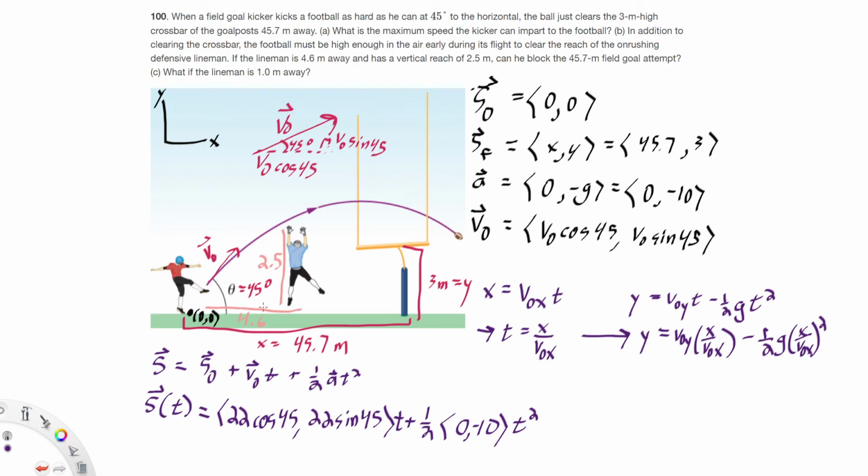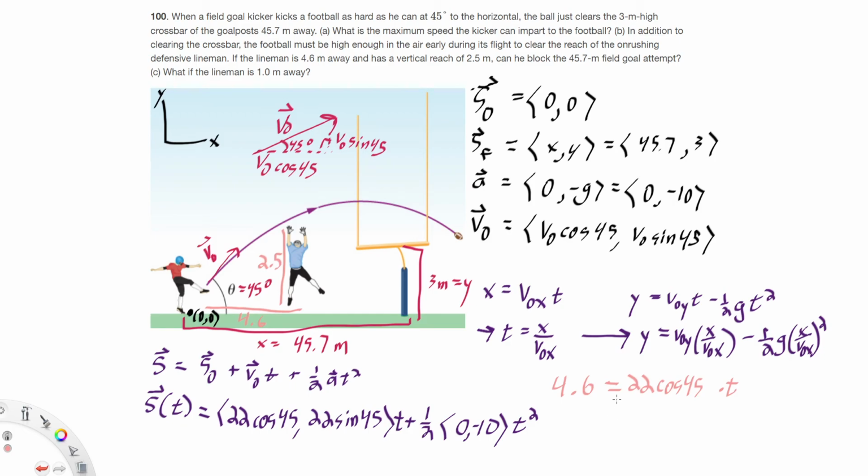If the defender is 4.6 meters away, how much time until the ball gets to him? All right, so we can take this equation and say, well, if x is 4.6, that's going to equal 22 cosine 45 times t, and then the x part of the acceleration is 0.